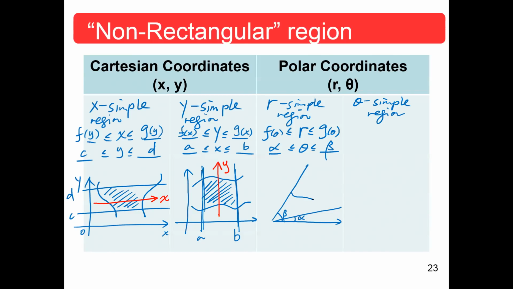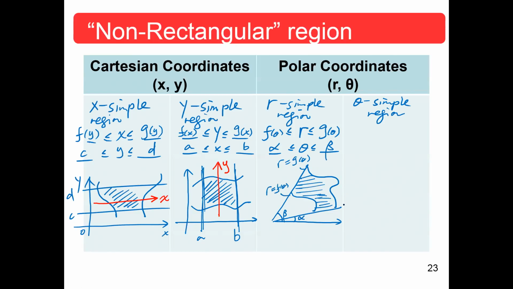So I may have first radius looking like this, and second radius may look like this. So here's r equals f of theta, here is r equals g of theta. Make sense? And then you would have the region that's bounded in between.